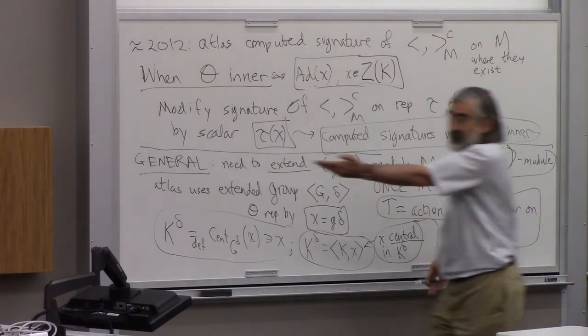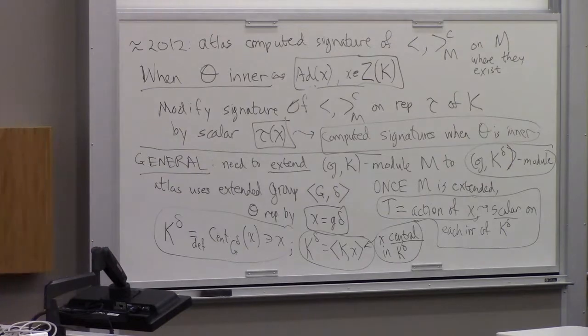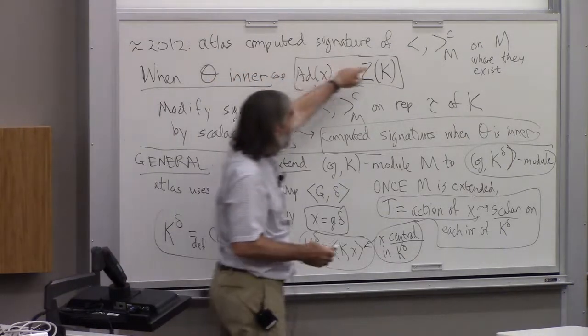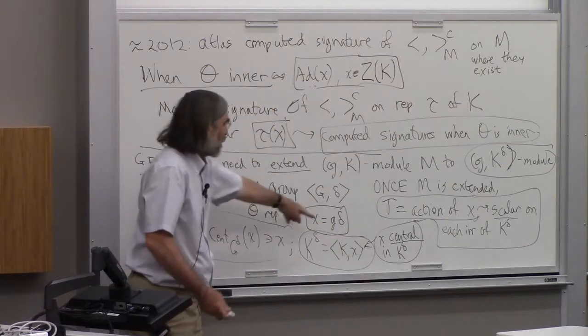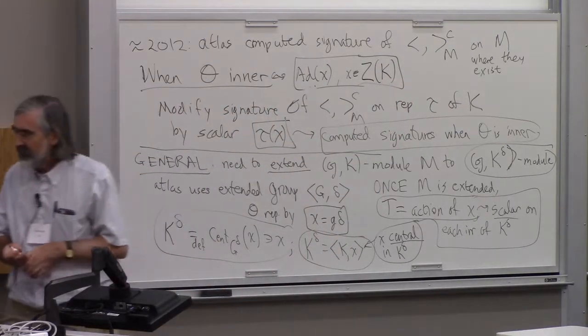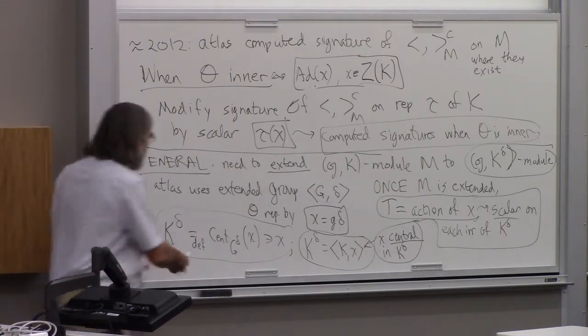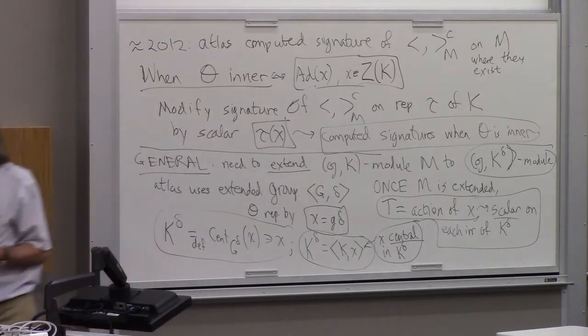And same thing is here. You just take the sigma C invariant form that we already knew how to compute, and you twist by these scalars.